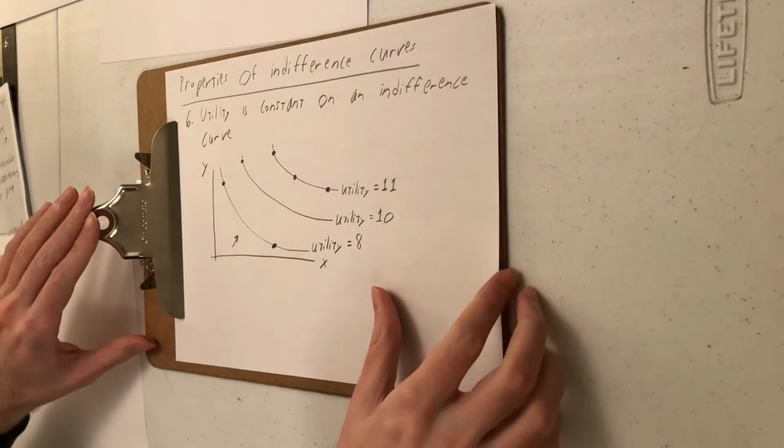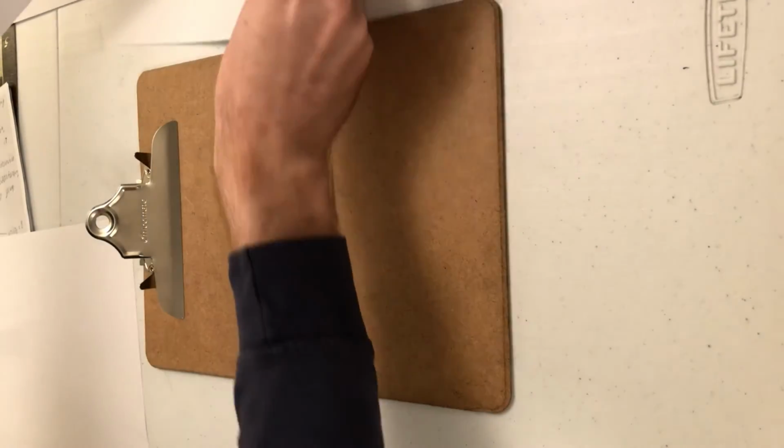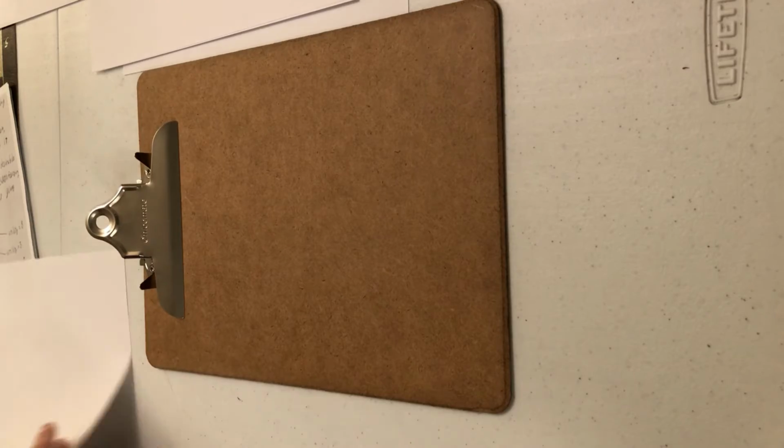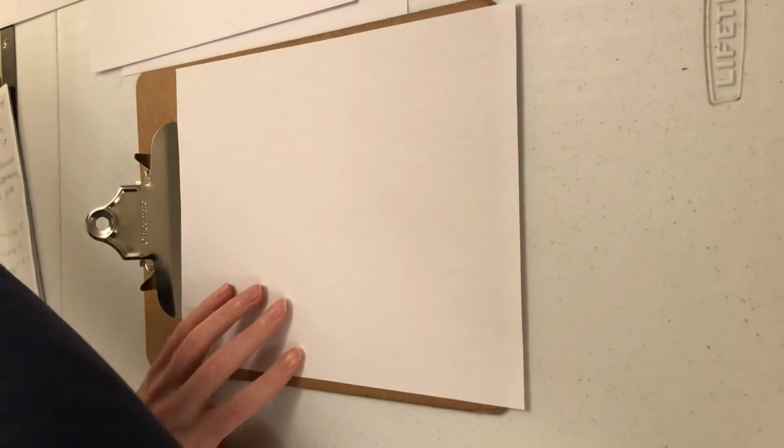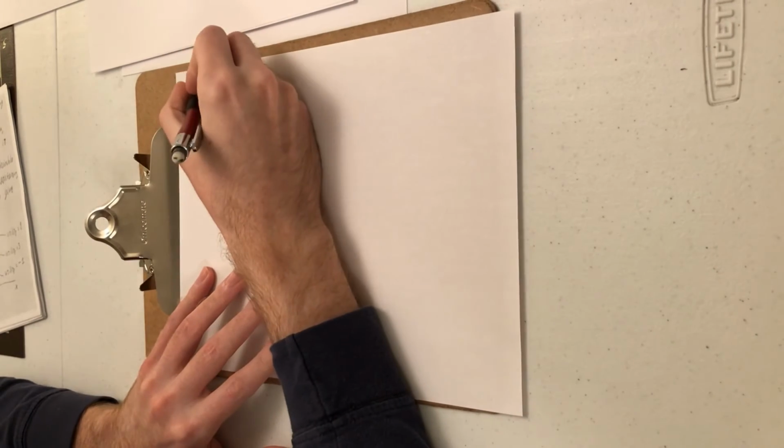One more property. So our last property is that indifference curves cannot be thick.